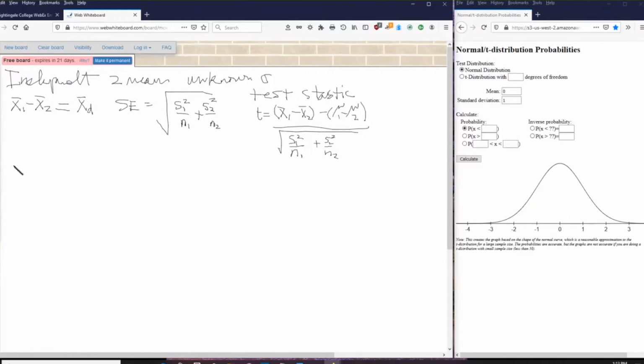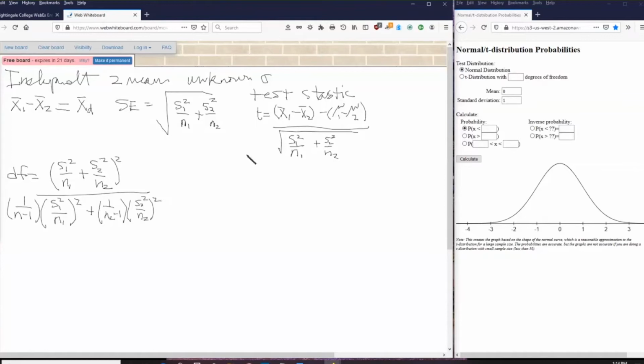Your degrees of freedom, which is your df, has the formula: s1 squared divided by n1, plus s2 squared divided by n2, that quantity to the second power, all over 1 over n1 minus 1 times s1 squared divided by n1, that whole quantity squared, plus 1 over n2 minus 1 times s2 squared divided by n2, all of that squared.